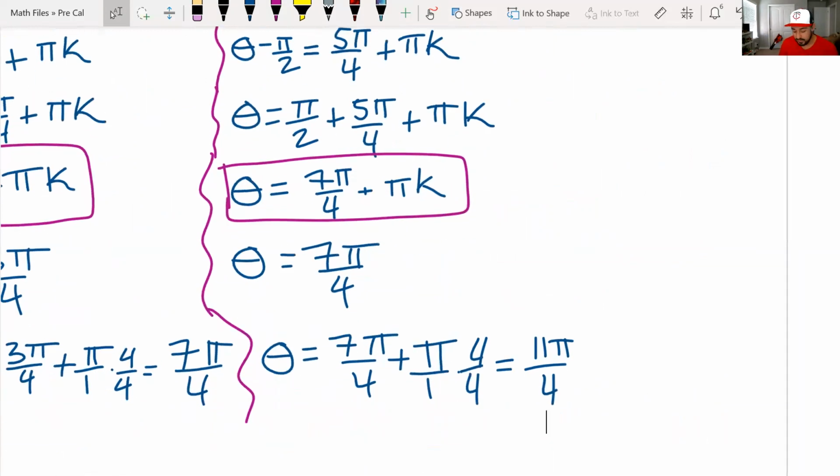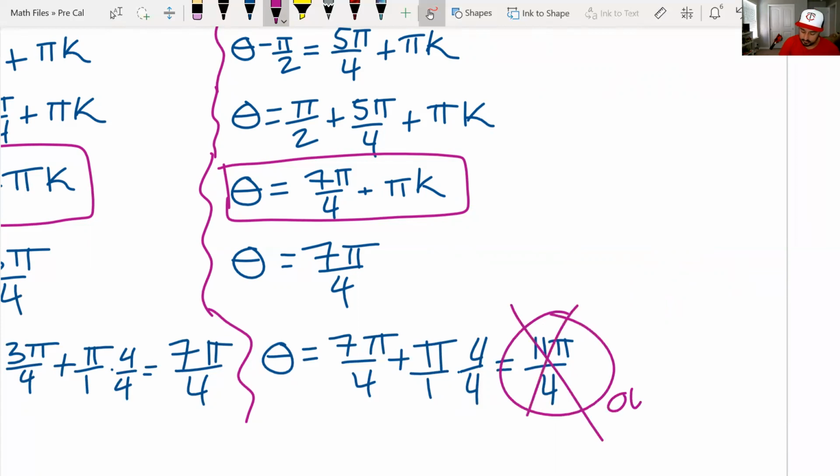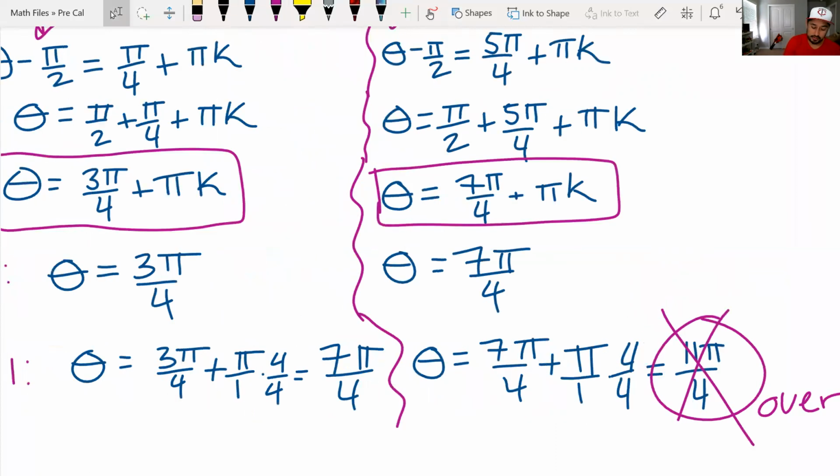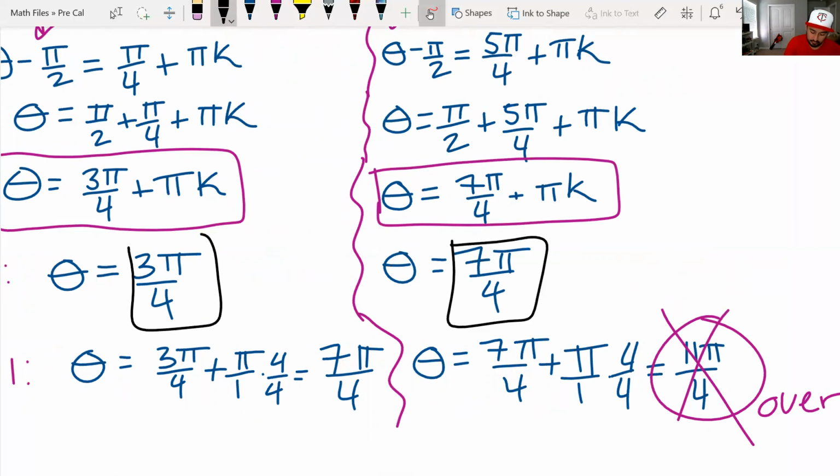No. Again, if you step back some, 8 pi over 4 is 2 pi. This means that 11 pi over 4 is definitely over, which means that we cannot use this. It's over, which means we stop, we're done, and our only solutions here are 7 pi over 4 and 3 pi over 4. That's it.